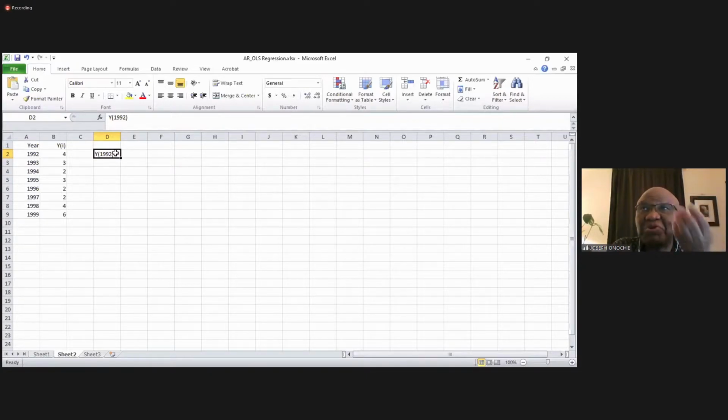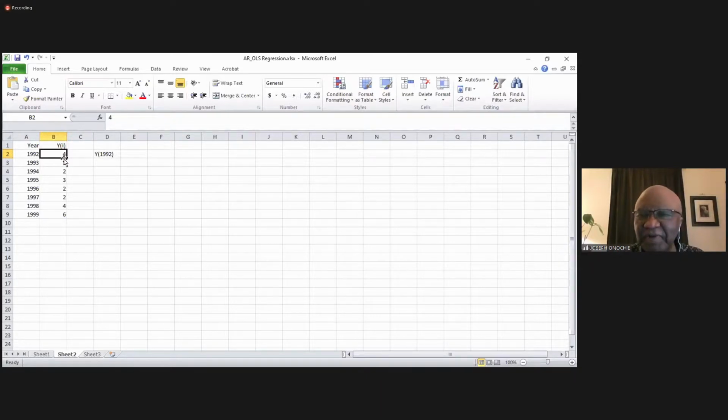We happen to observe one particular value. How many possibilities are there? Infinite possibilities. This number 4 happens just to be one of those infinite possibilities. So the return in 1992 could be infinite possibilities, but we just happen to observe one of them. That's 4.